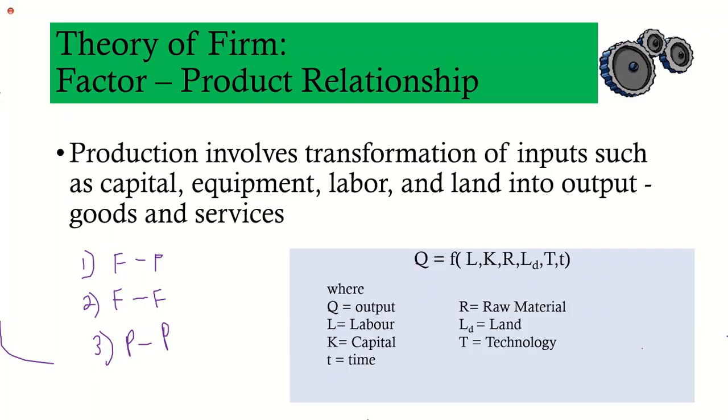Outputs depend on the inputs. And if you vary the amount of input, that would affect the amount produced. So we can model this relationship using a factor-product relationship, and that's what you see here. We know by now that in economics we work with mathematical and statistical models, because we want to quantify, right?